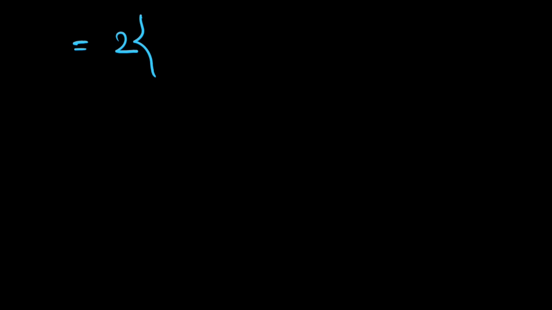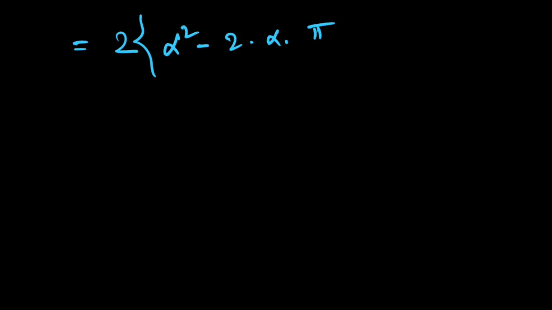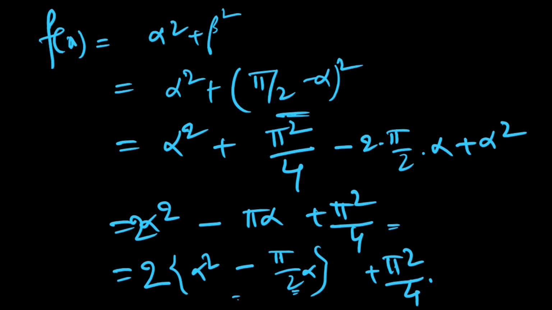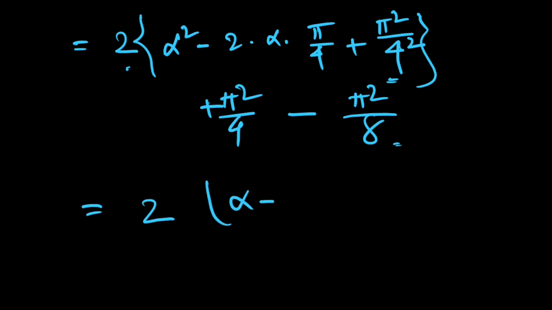So that is alpha square minus 2 into alpha into pi by 4, plus pi square by 16, and that pi square by 16 is the extra term, so we subtract it forcefully, which is pi square by 8, because here it is multiplied by 2, so 16 is cancelled by 2, so it is 8. Therefore it is 2 times (alpha minus pi by 4) whole square plus, by taking the LCM, pi square by 8.